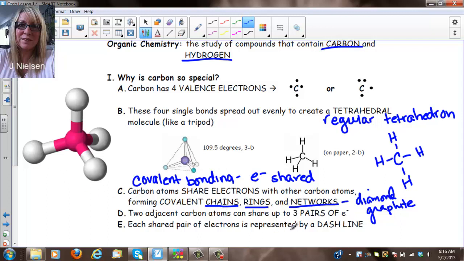And it's very important that you know that each pair is a dashed line. So over here, this dashed line right there represents 2 electrons, 1 coming from carbon and 1 coming from hydrogen.